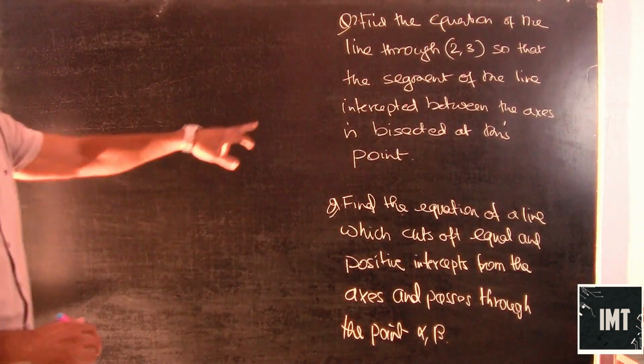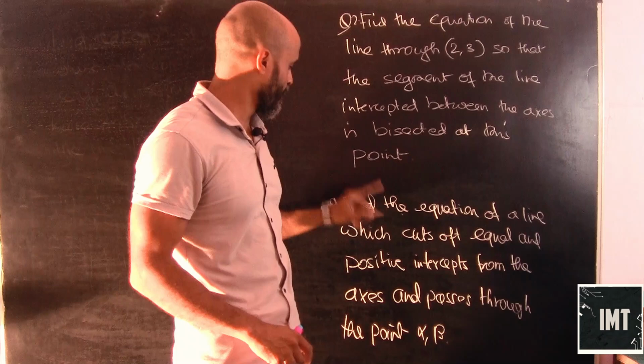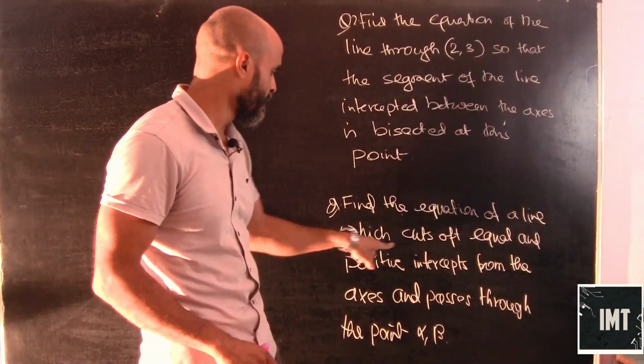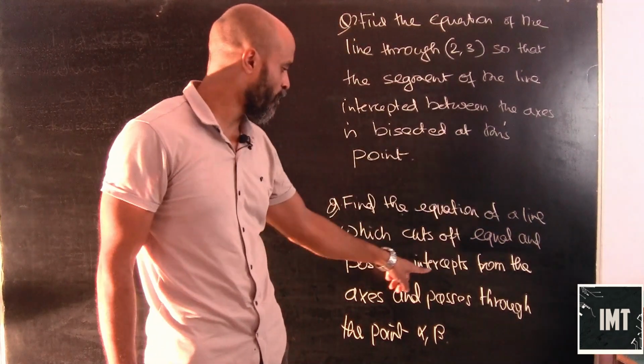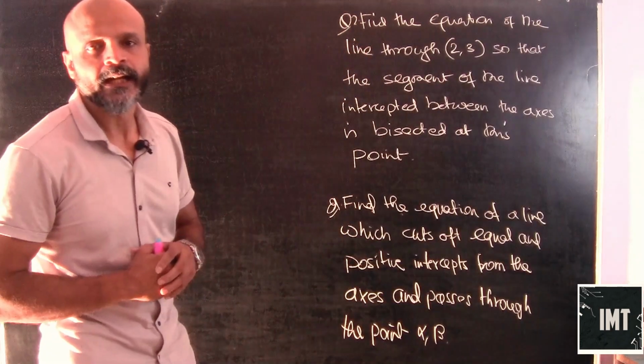Okay. So we have two more questions here. We will take this one up first. Find the equation of a line which cuts off equal and positive intercepts from the axes and passes through the point alpha beta.